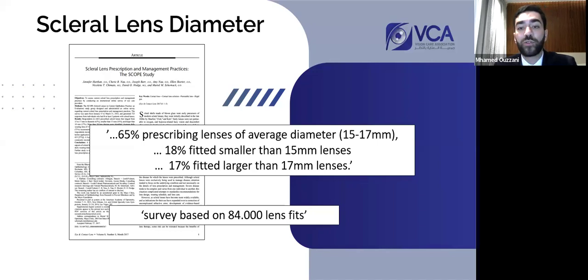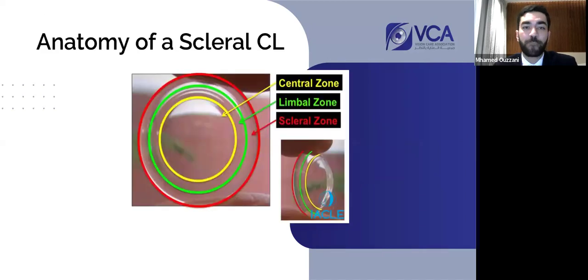But you have also some labs that manufacture smaller than 15 millimeters. And we have also larger lenses, more than 17 millimeters. And this is a survey-based study that evaluated the diameter prescribed in scleral lenses. And as you can see, 65% of prescribed lenses were on average 15 to 17.